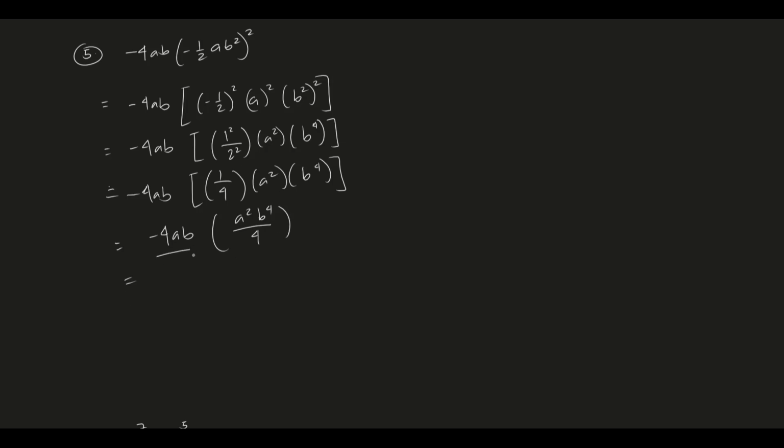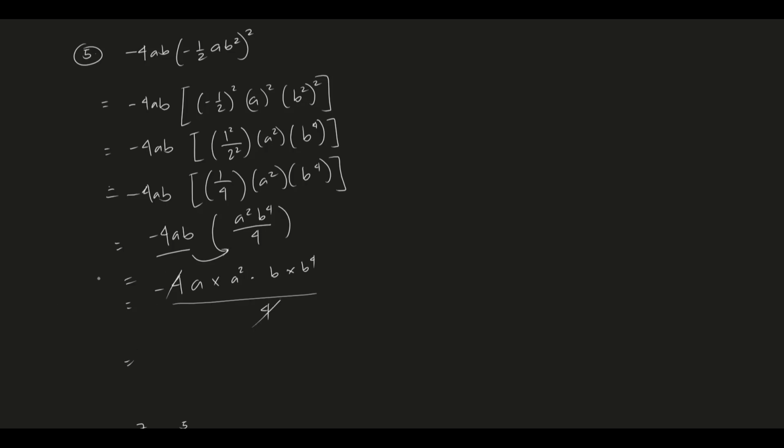So let's multiply this here. So we have negative 4a times a squared, also we multiply b times b raised to the 4 divided by 4. So this one will cancel out.